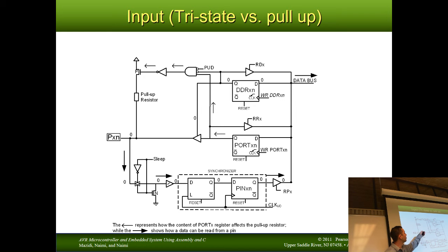So it flies through here, activates this pull-up resistor, or doesn't, depending on what its value is. There's no value there right now. Meanwhile, because the data direction register is 0, whatever's coming out of this port register doesn't matter because it's completely cut off. The only way for things to happen, data flows into the pin through this synchronizer and onto the data bus.